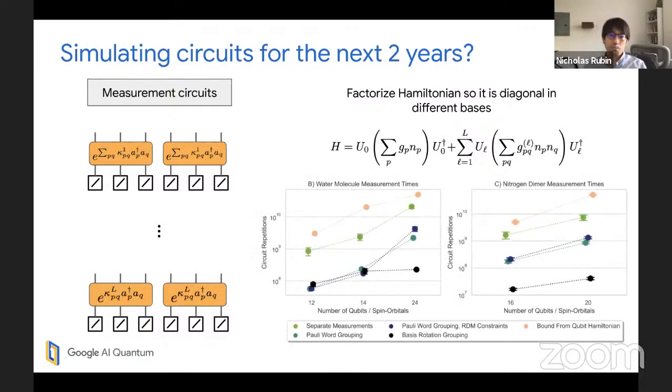If you were to do some numerics on the scaling of this particular technique, and I know this is a little hard to see, so I'll explain at a high level: if you count the total circuit repetitions to measure your Hamiltonian to a particular accuracy, given the variance of the state, you see that this strategy is one of the best that we know of. And so you're going to need to simulate these basis rotation circuits to perform the best, or lowest scaling, measurements for near-term quantum computation.